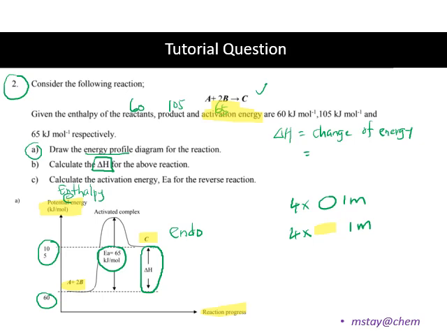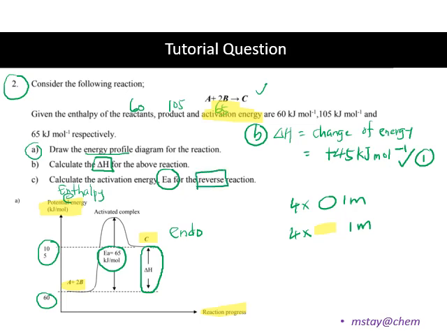So the enthalpy of product is 105 and the enthalpy of reactant is 60, so the difference is 45 kilojoule per mole. As this absorbed energy, we can just write positive 45 kilojoule per mole. Here another 1 mark.